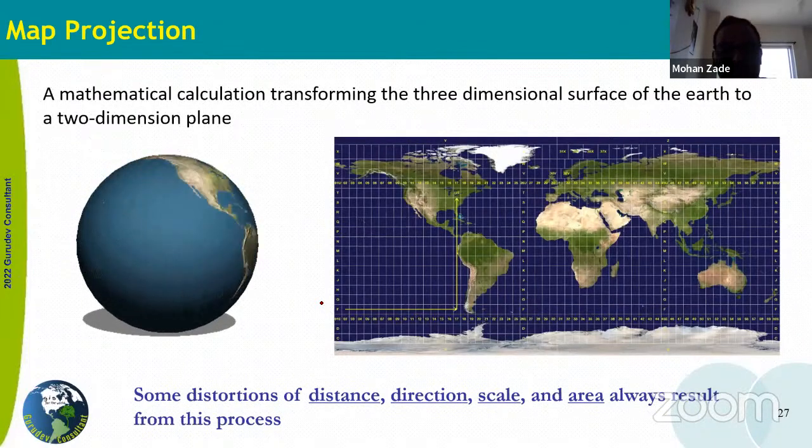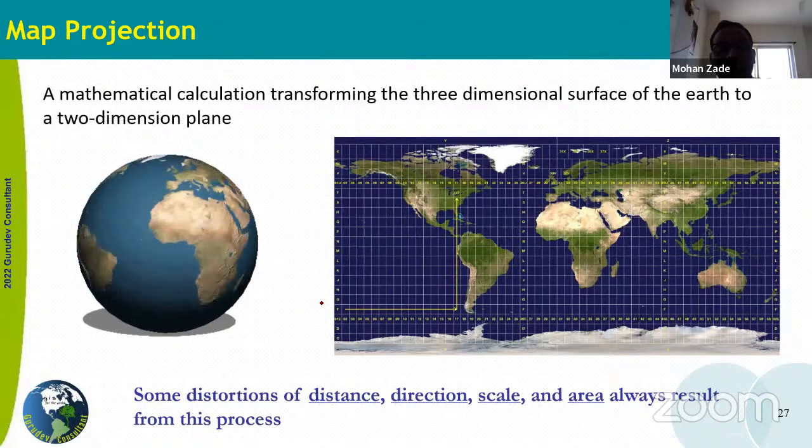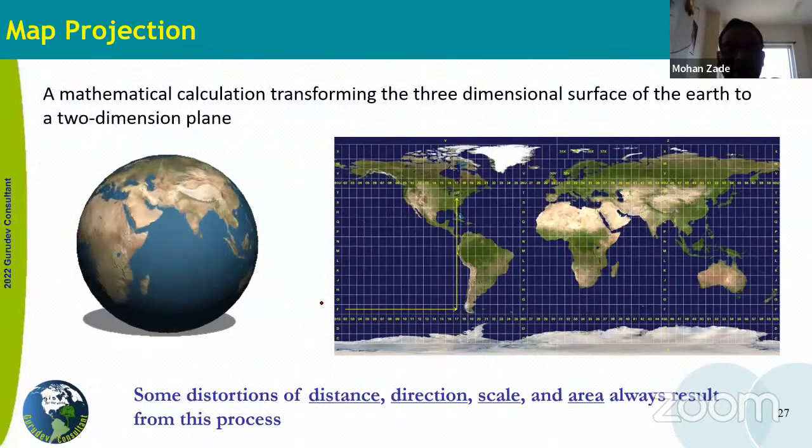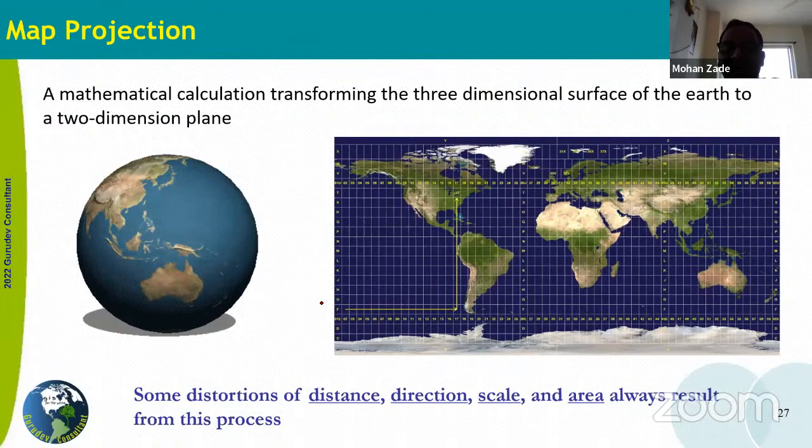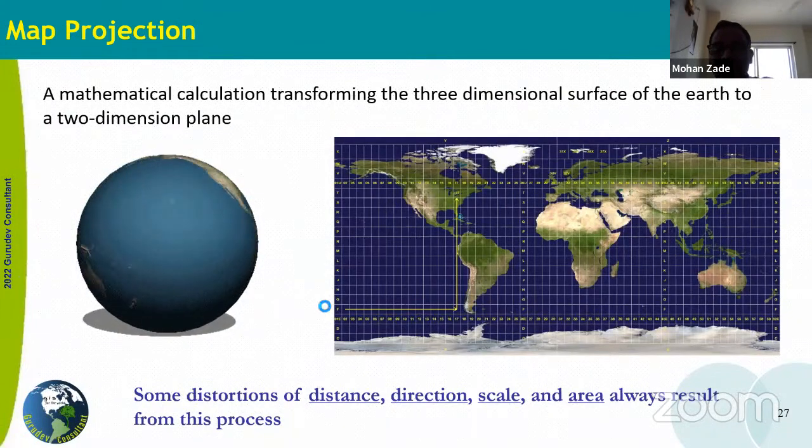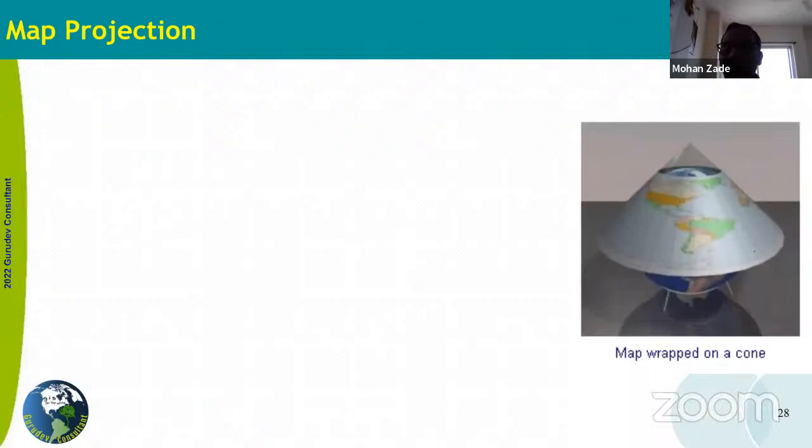And now, while doing so, when you convert from 3-dimension to 2-dimension, many distortions happen, and these distortions are in distance, sometimes direction, sometimes scale, and sometimes area. We'll learn about those. Map wrap on the globe, just like a piece of paper.